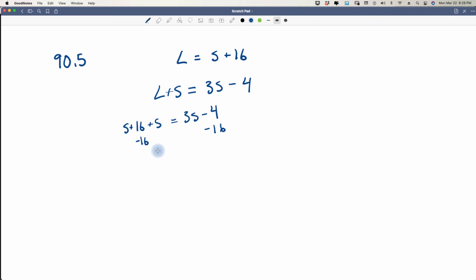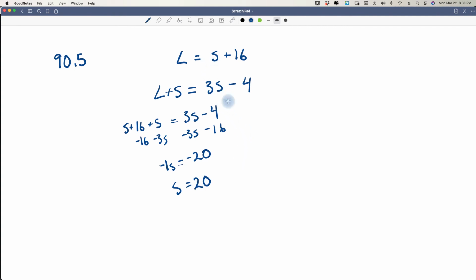That's going to be 2s. And we're going to subtract 3s from both sides. So we had 2s minus 3s is a negative 1s, and that's going to be a negative 20. We divide both sides by negative 1, s equals 20.